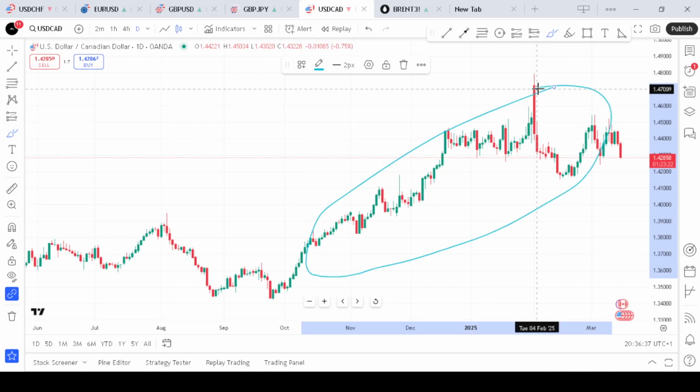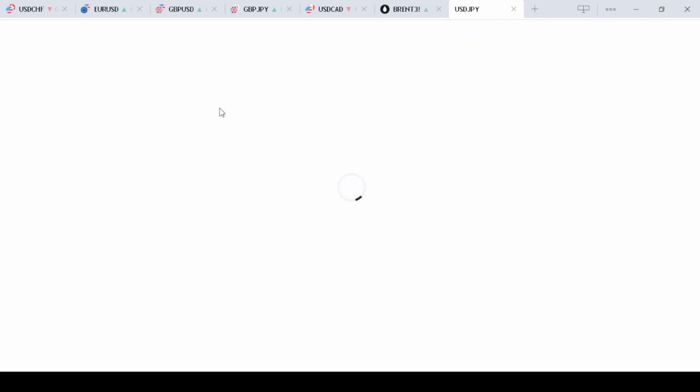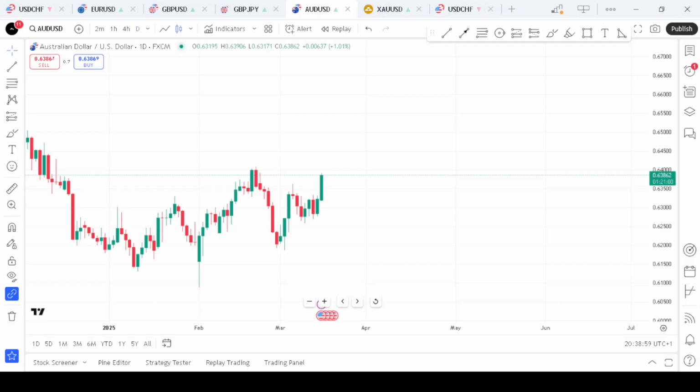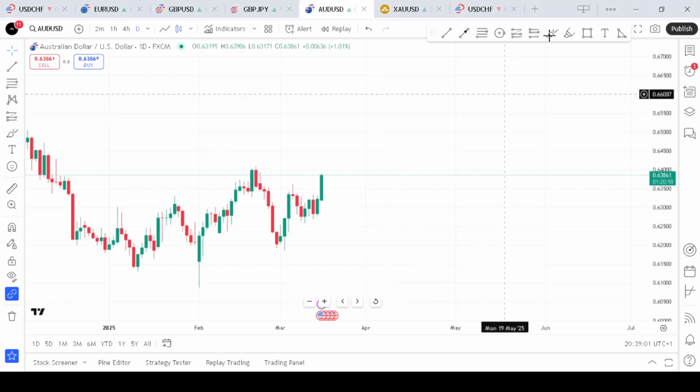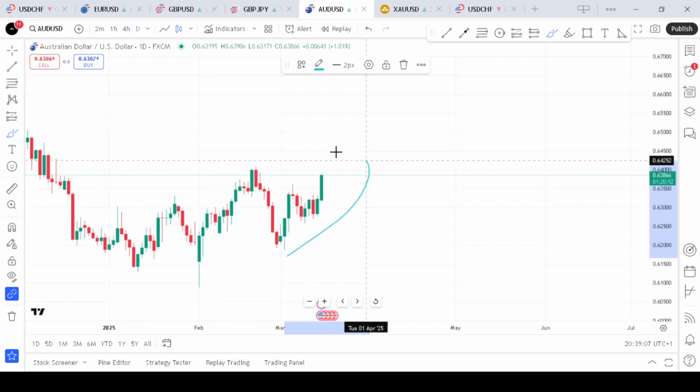Similarly, the AUD/USD tends to have a positive correlation with gold prices. This is another correlation we need to be aware of. As we can see from this area, the AUD/USD tends to have a positive correlation with gold.